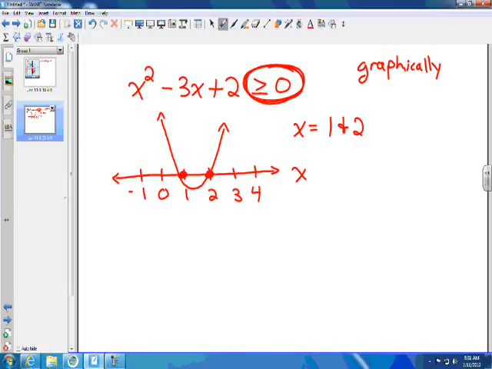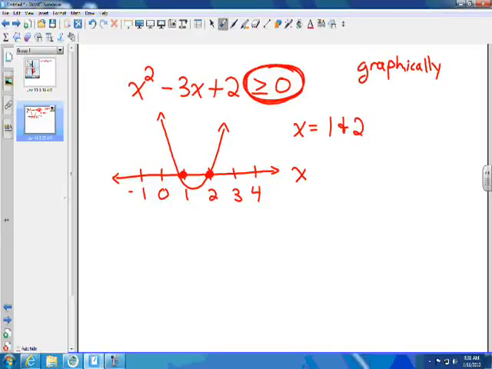Where is this parabola that we just graphed right here? Where is this parabola greater than or equal to 0? Anywhere above this line is greater than. So if I were to ask you, where is this parabola above the x-axis here, what would you say? Would you say it's in the middle here or on each side?